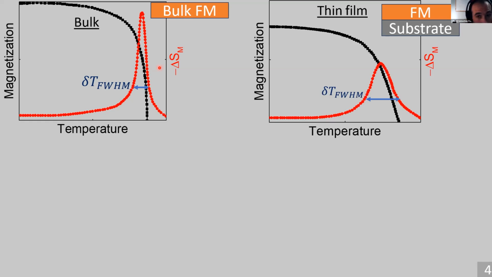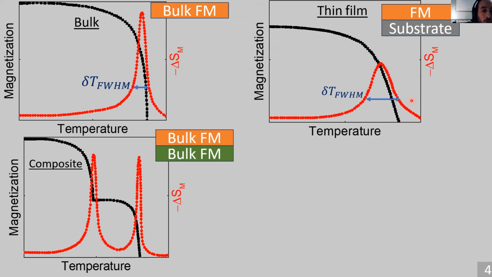When you do this, you are reducing the maximum of this entropy change, but you can broaden this curve a lot. Another way to do this is by using composites. The problem with composites is that you are working with bulk, so sometimes there is a little overlapping between the curves, and you can broaden this temperature range.